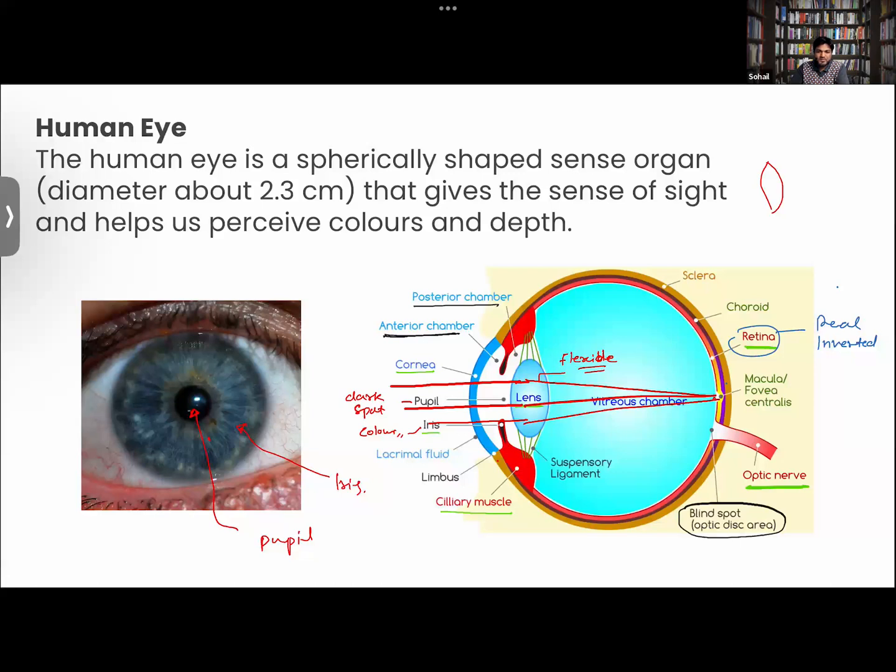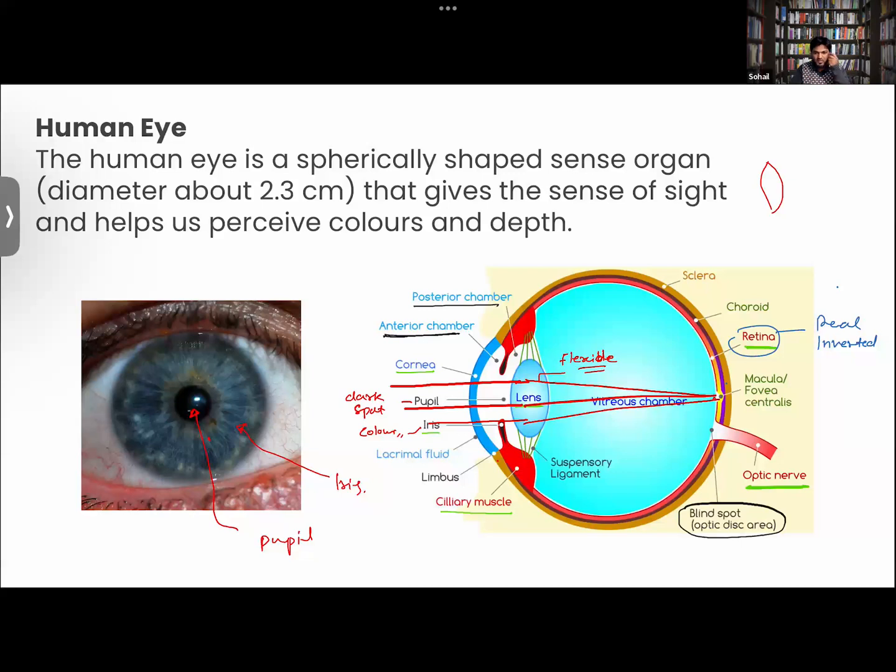Diverging. How can it be diverging? Diverging means that it will spread the light rays. But on the contrary, it should be focusing. Converge means meeting at a point. That is what convergence means. So will it be convex? Yeah, it will be convex.